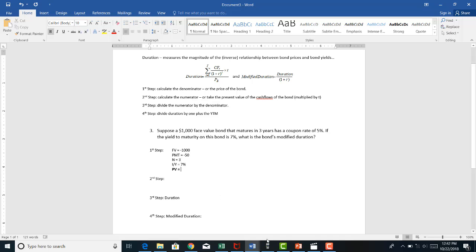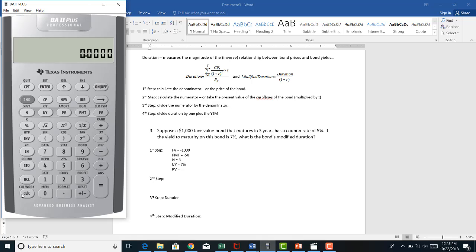I'm going to calculate the price of the bond using my financial calculator here. Negative 1,000 in future value, negative 50 in payment, 3 years until maturity, 7% I over Y. I'm going to compute present value, and I've assumed that this is going to be less than $1,000.